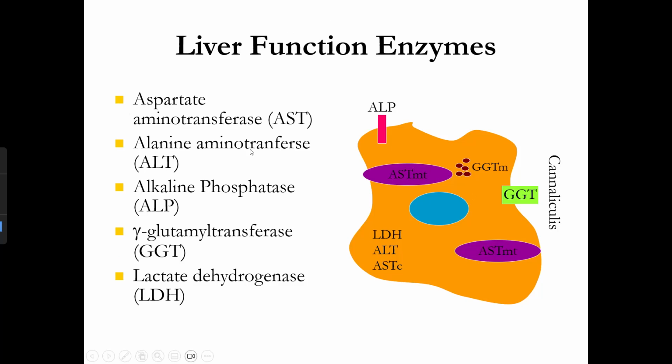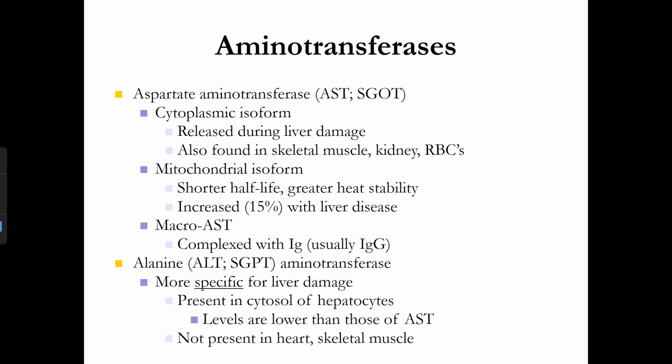So here you can see aspartate aminotransferase is abbreviated AST, alanine aminotransferase is ALT, alkaline phosphatase is ALP, gamma glutamyltransferase is GGT, and lactate dehydrogenase is LDH. So the aminotransferases, so aspartate aminotransferase, AST, also known as SGOT, cytoplasmic isoform, it's released during liver damage, also found in skeletal muscle, kidney, and red blood cells.